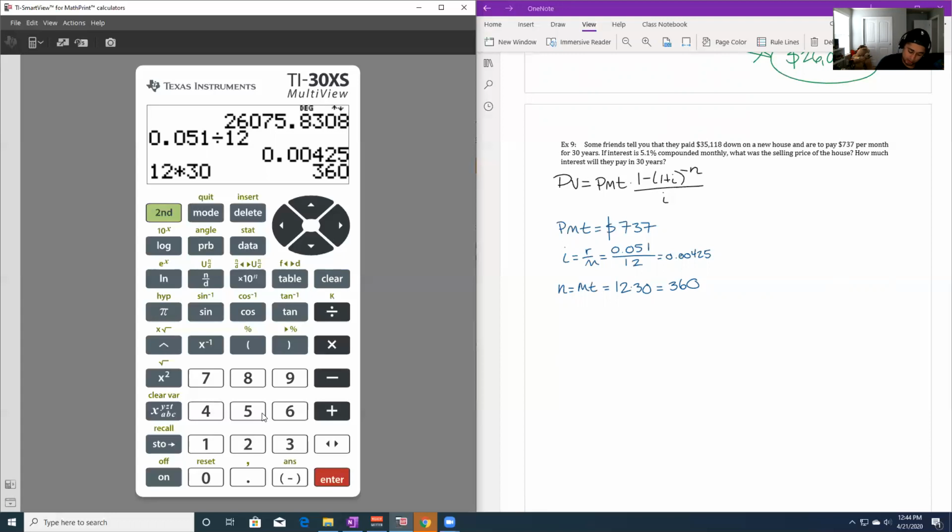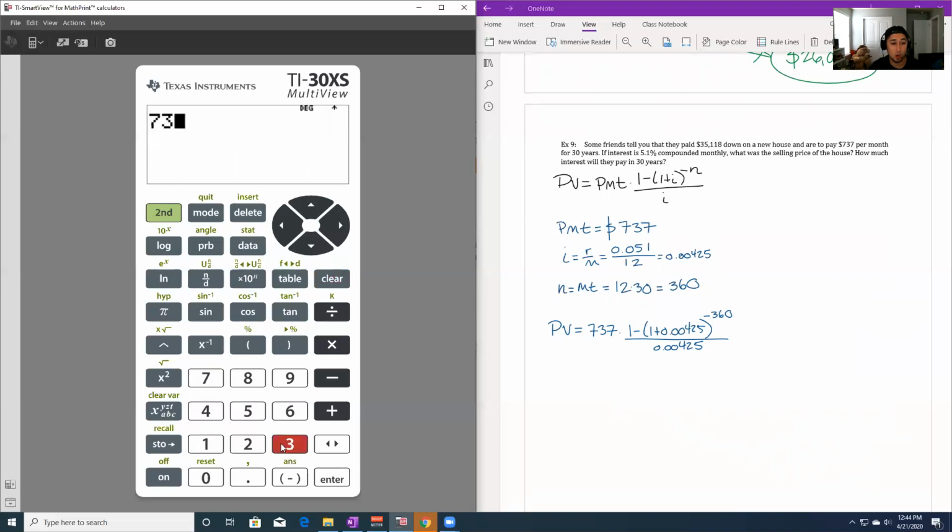All right. So now we want present value. So we're going to say PV equals 737 times 1 minus 1 plus 0.00425, raise that to the negative 360, over 0.00425. Okay, now let's see how much our house was after the down payment. 737 times 1 minus 1.00425 raised to the negative 360 over 0.00425.